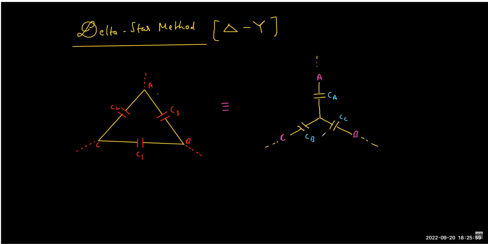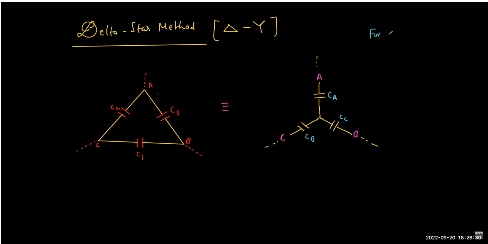Right now we are not going to consider the other part of the circuit. We will assume only these three capacitors are present. What we try to do is equate the equivalent value between any two terminals in the two circuits. That is the thumb rule of transformation.